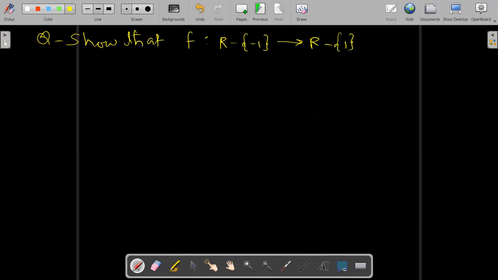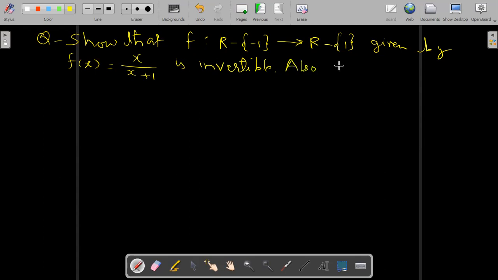It is defined by f(x) equal to x over x plus 1, and it is invertible. So first show that it is invertible. Also find f inverse.